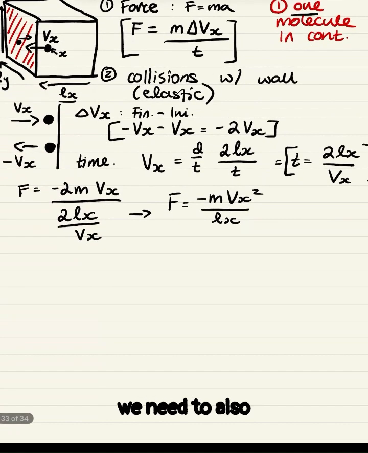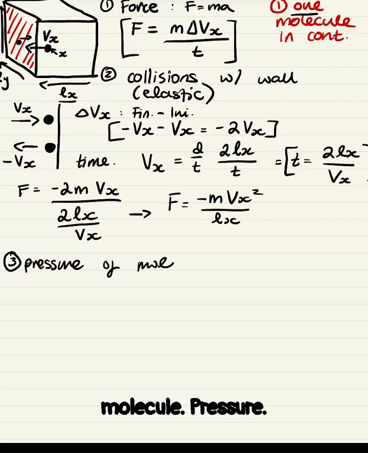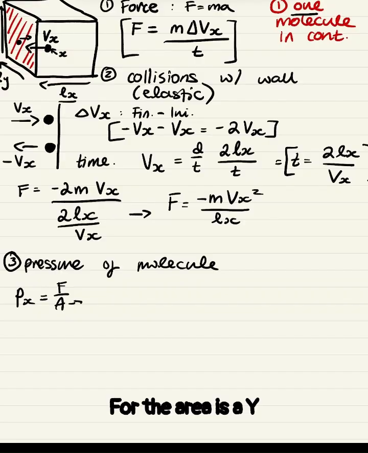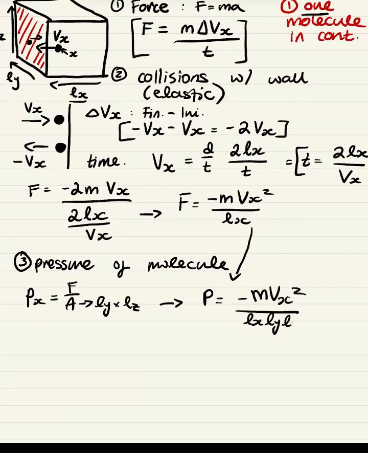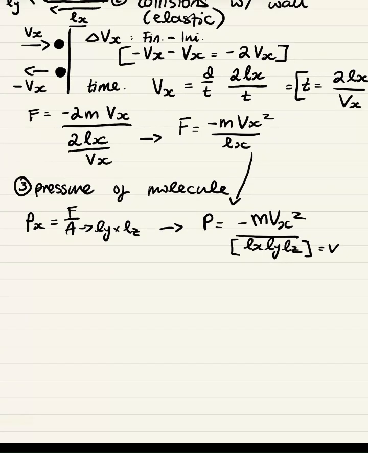Then the third thing we need to also consider is the pressure of the molecule. Pressure for the area is Ly times Lz. Substituting this into this equation, so essentially the equation is this: PV equals negative m vx squared.